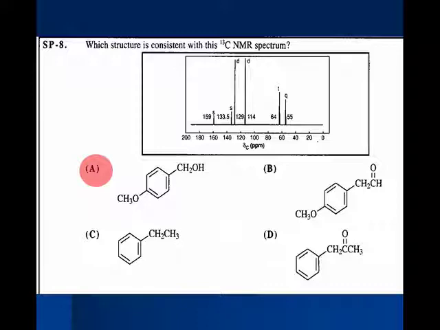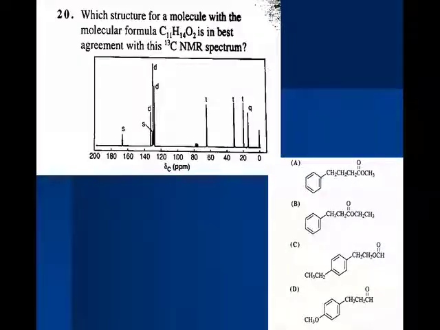Because this carbon atom is not attached to the aromatic ring. It's attached to an oxygen just like this one is, but this one's also attached to an aromatic ring, which pulls it down just a little bit. And so there you have a quartet, a triplet, a doublet, a doublet, and then your 2 singlets because they have no hydrogen atoms on them, okay?